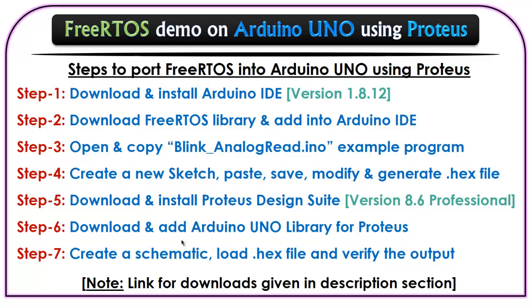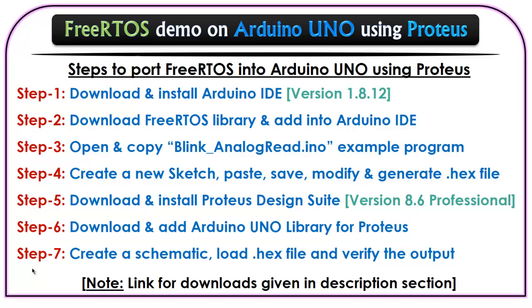Step number 5 will be downloading and installing the Proteus design suite simulation software to verify the output. In this case, version 8.6 Professional has been used. In step number 6, we will be performing a download and add operation of the Arduino UNO library for Proteus.